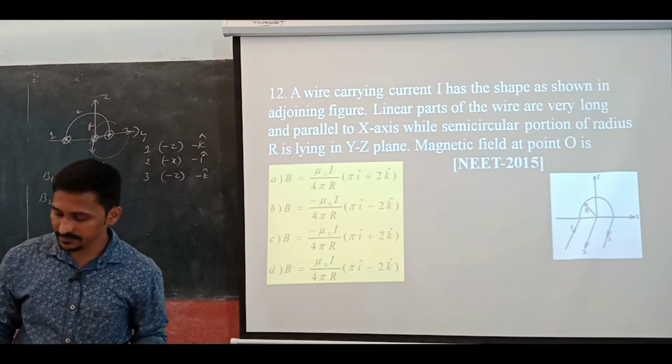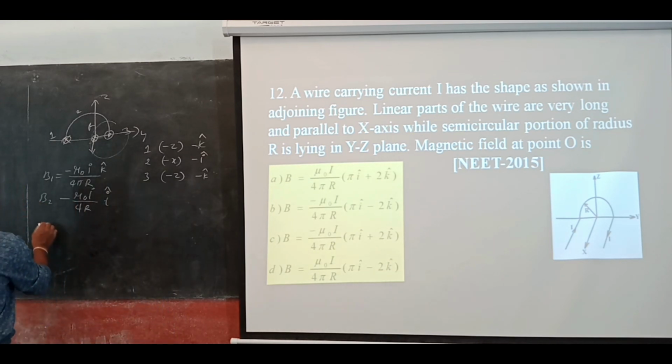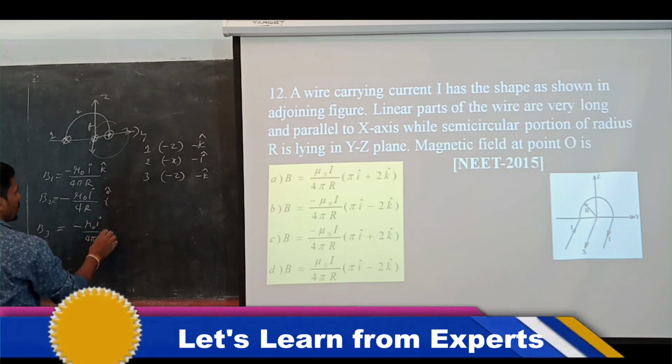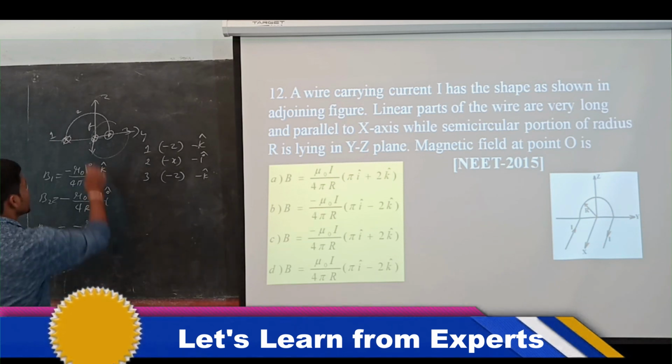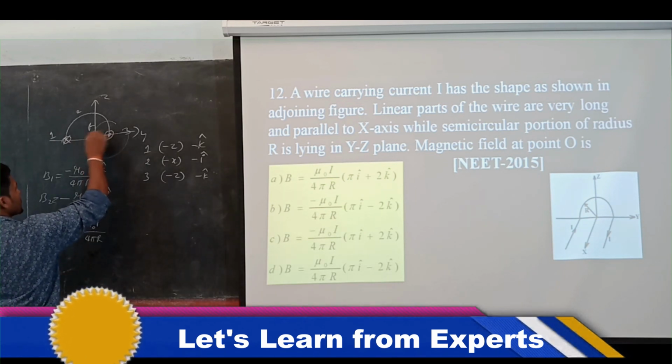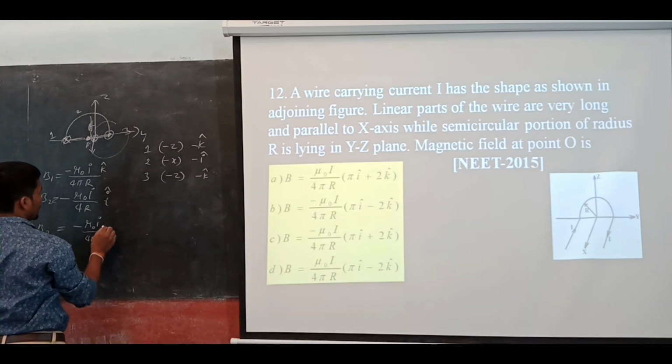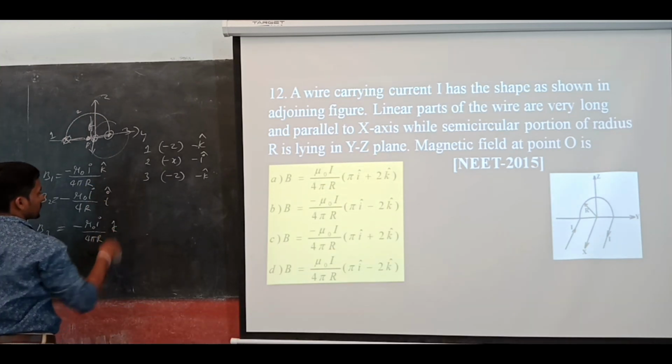Next, again the same thing, again minus z axis: B3 equal to minus mu naught I divided by 4 pi r, along k. See, this is the center P, this is distance r, this is distance r, this is distance r, no?